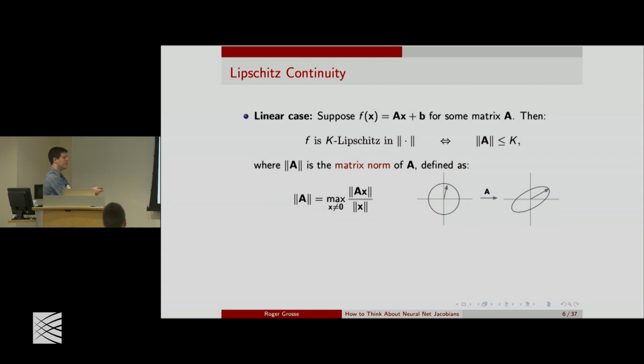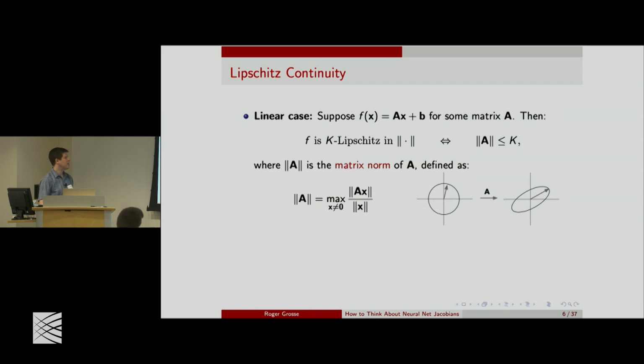Given a vector norm, the matrix norm is defined this way: it's the max over vectors x not equal to 0 of the norm of Ax divided by the norm of x, right? Or equivalently, you can define it as the max over unit vectors x, so vectors with norm 1, of the norm of Ax.